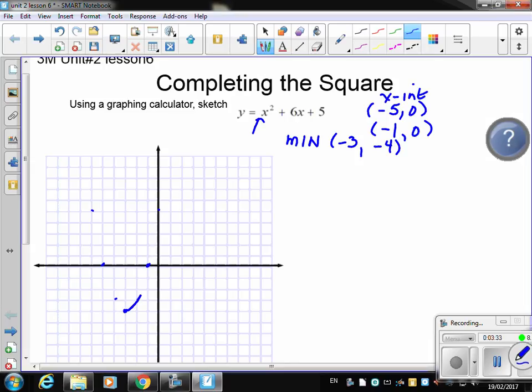So a rough sketch on a smartboard. There we are. The regular parabola pattern.